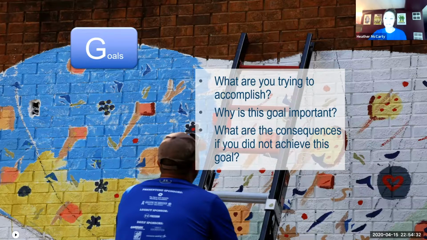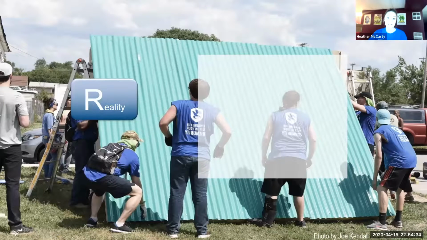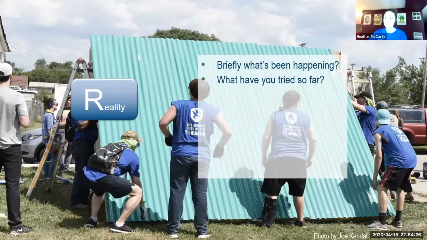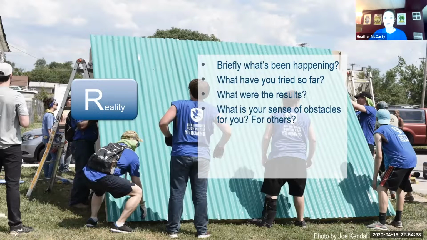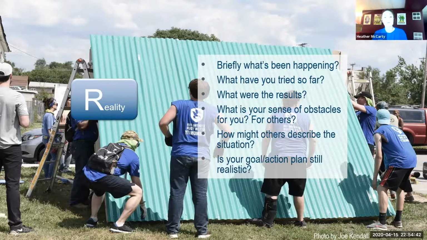The next phase is exploring the reality. And in this particular phase, that's where you have a chance to identify what are the things that you've tried, what are the things that stand in the way, what has been happening already. So this is where you get to explore some of the situation, the context around this particular goal.